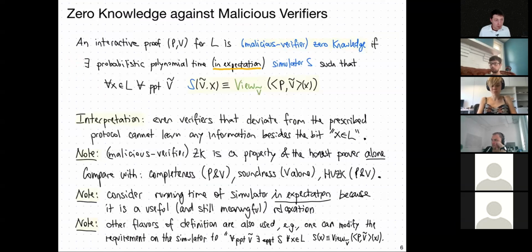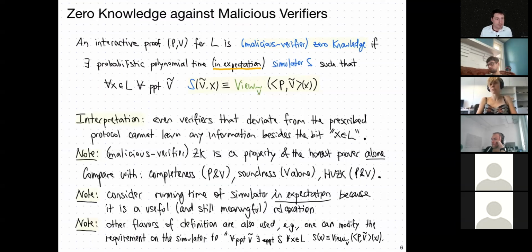Any further questions about this definition? Again, another beautiful notion. Once you understand honest-verifier zero knowledge, the step towards malicious-verifier is much more manageable. And it's just the natural thing you would write if you want to account for malicious verifiers.